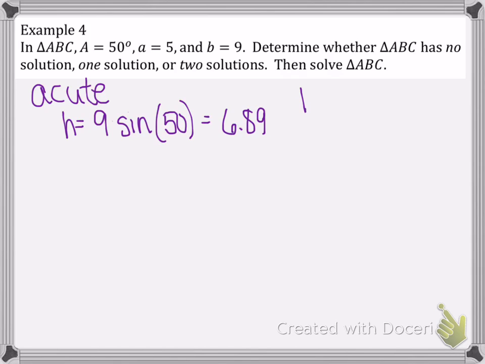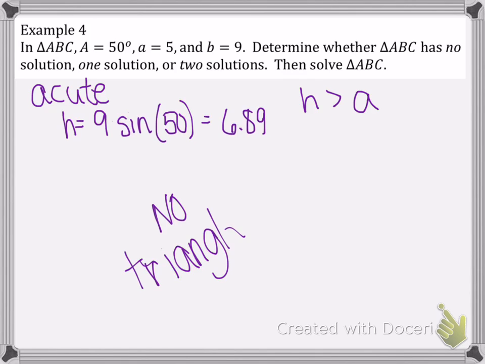Now, because my height is bigger than my A, that means that no triangle exists. And I stop.